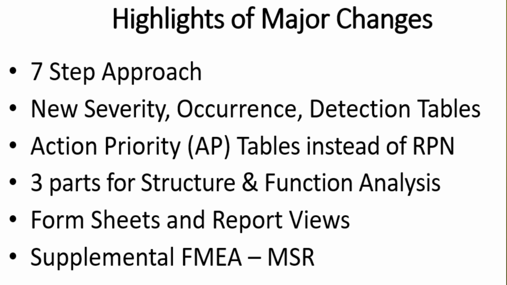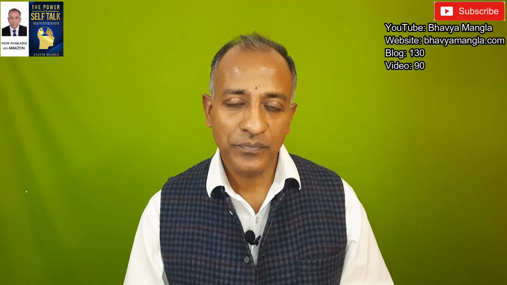Action priority has come instead of risk priority number. The formats have changed. There is a new supplemental FMEA related to design FMEA called MSR. Then earlier in the structure analysis and function analysis, there was only one particular word, that was function, process or item. Now they have changed it into 3 different parts, and there are so many other changes.